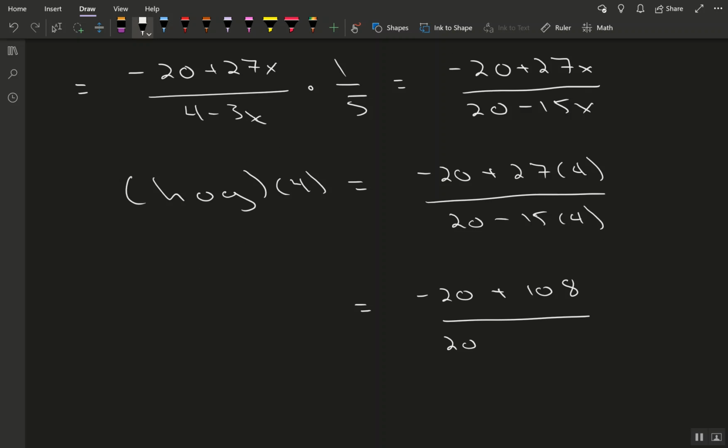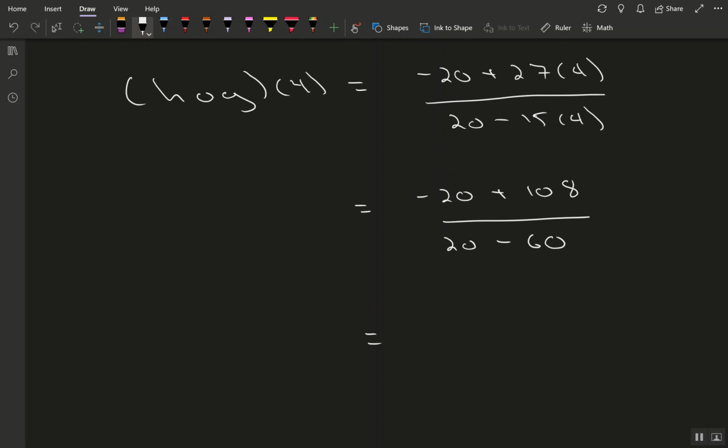All over 20 minus 60, that's negative 40. Okay, so now we're getting somewhere.